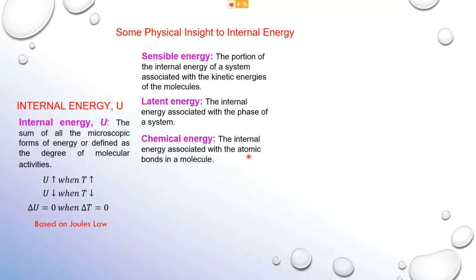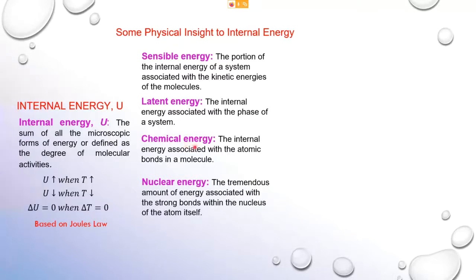So that is related to chemical energy. When you sum up all these energies, you get what we call internal energy. And then you have the nuclear energy as well.